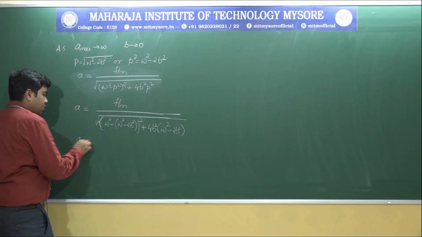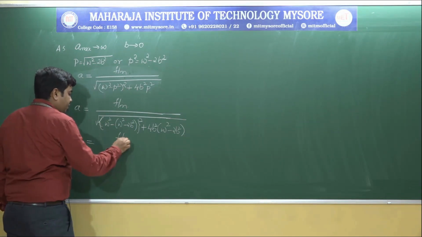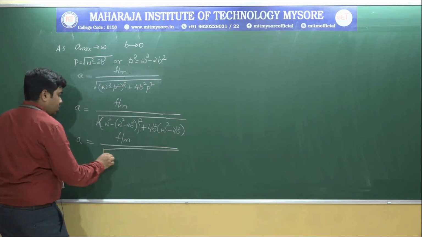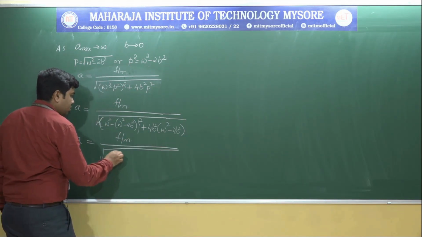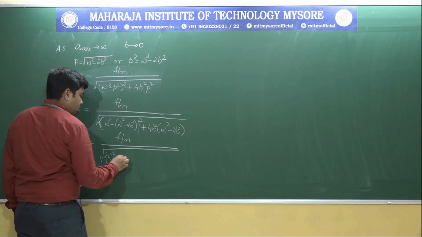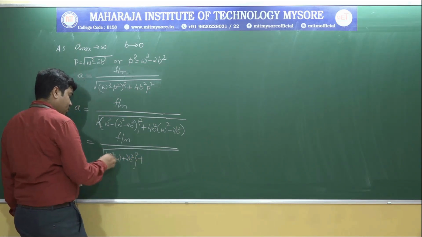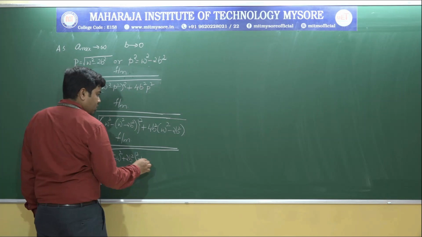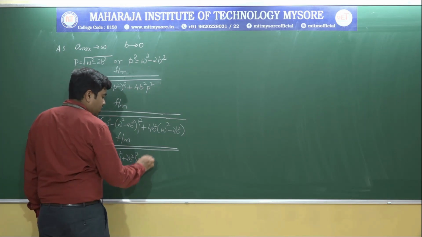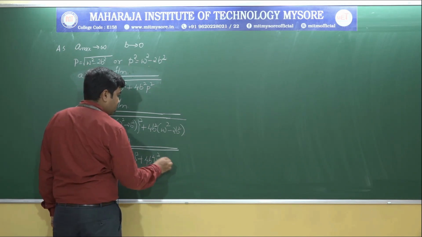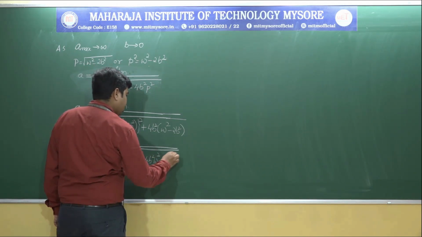Now, we will simplify this. A is equal to (F by m) whole divided by square root of (omega square minus omega square plus 2b square) whole square plus 4b square omega square minus 8b to the power of 4.